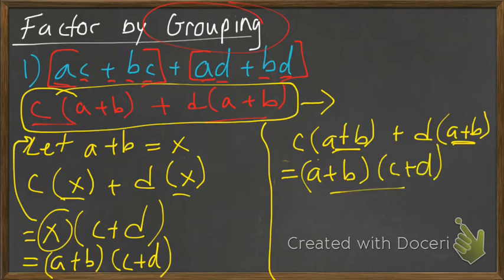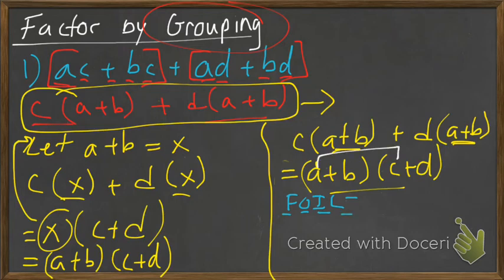And that's it. Now, if we really wanted to, we could FOIL this and find our same answer. In fact, we should probably do that. Yeah, let's do that out. Okay, so FOIL. If we remember, that's first, outside, inside, last.